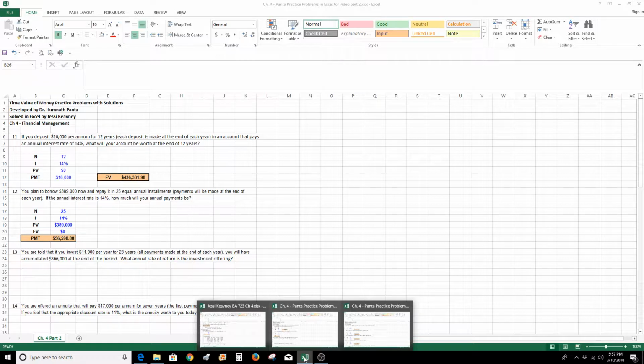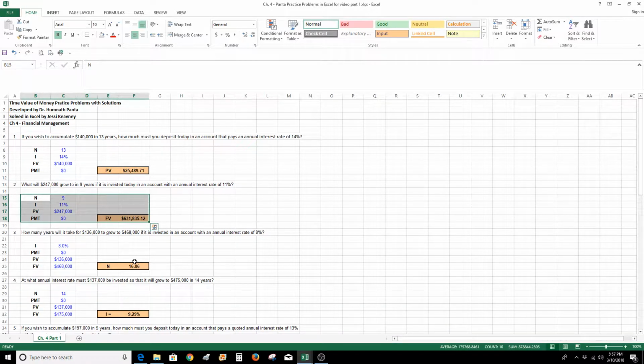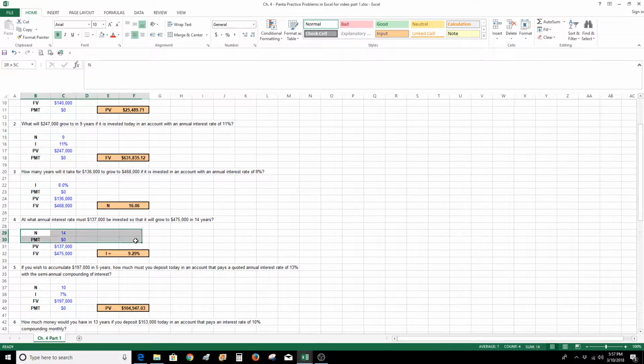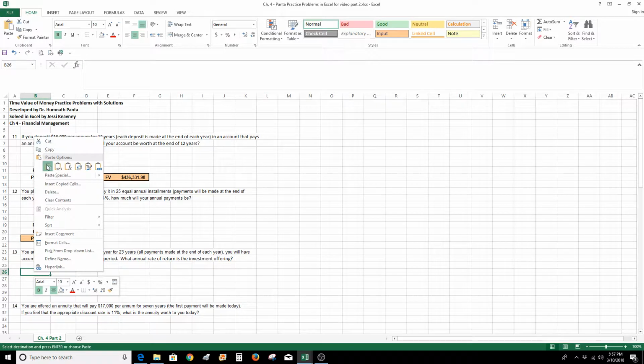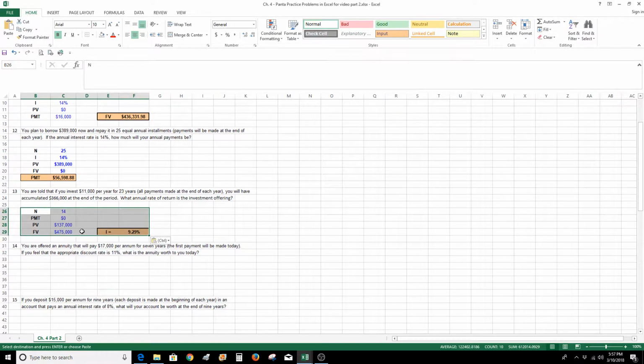So we're going to go back out here to find one that has the interest rate. We're going to copy that, go back over here and paste. So you're going to invest $11,000 per year as your payment for 23 years. All payments made at the end of the year, so that's an ordinary annuity.